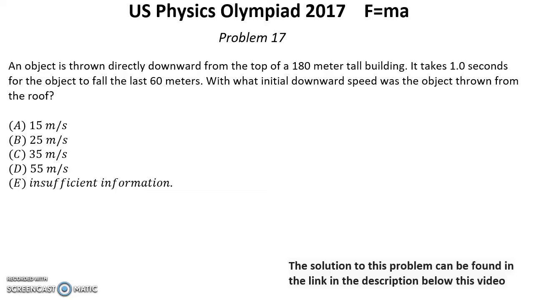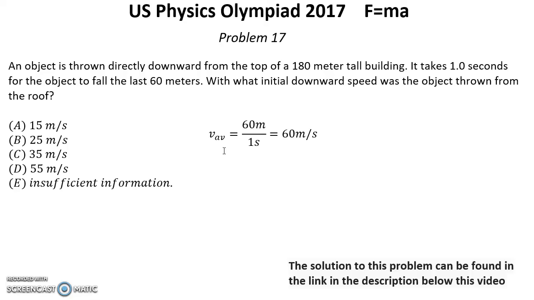Here we can use average speed for the last part of this way. We have average speed equal to 60 meters over 1 second, which is 60 meters per second. Now we can find the speed of this object right before it hit the ground, because average speed equals the speed right in the middle of this 1 second.